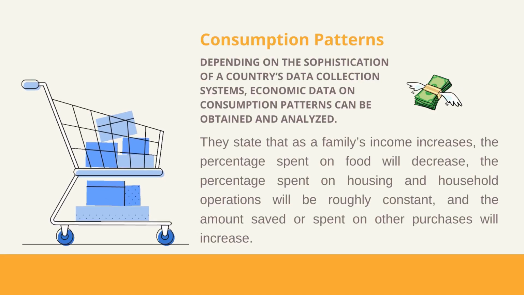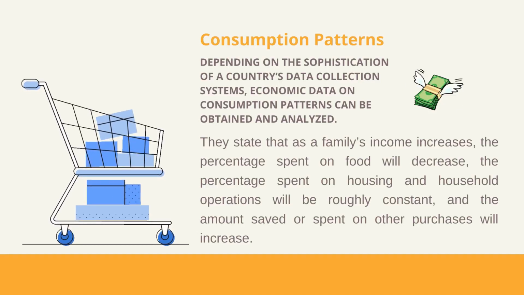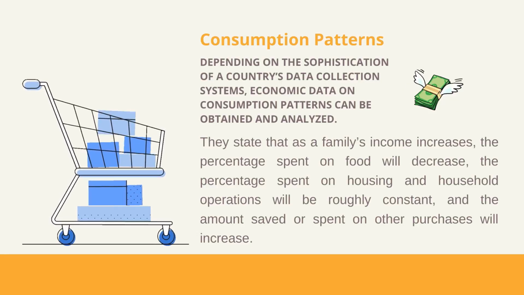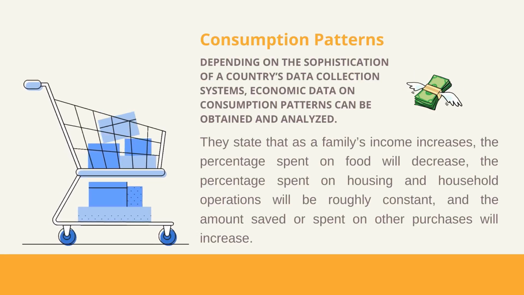That means how much money people spend on basic products and how much money people spend on products that are not a basic need. In case you don't have that information or it is not available, you can always take a look at Engel's Law.